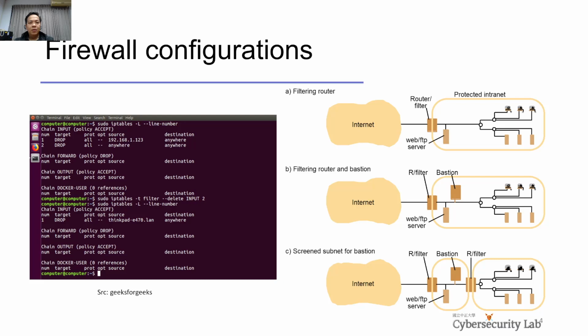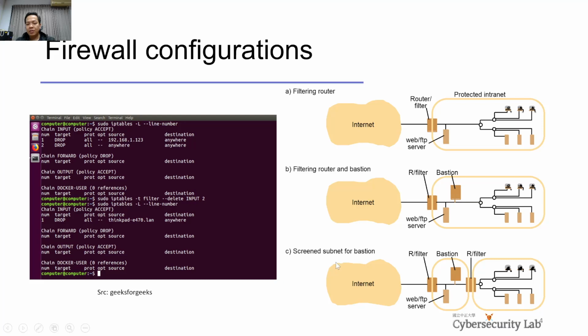So in the firewall, we have many configurations. We can use iptables and filter the traffic. You can place a firewall between the web server and the protected intranet, and that's the external protection.